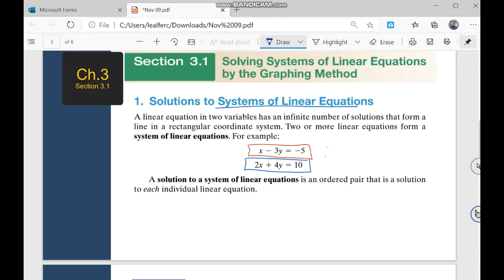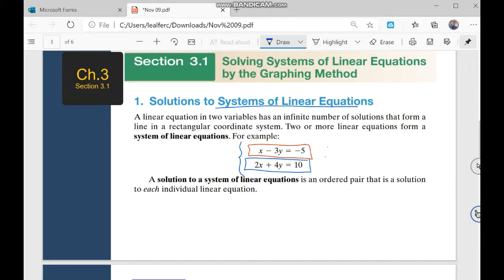This is a system of linear equations. So if you have these 2 equations here and 2 variables, x and y, then you have a system of linear equations.